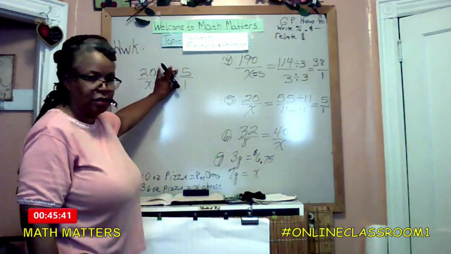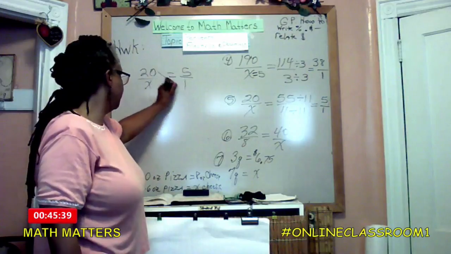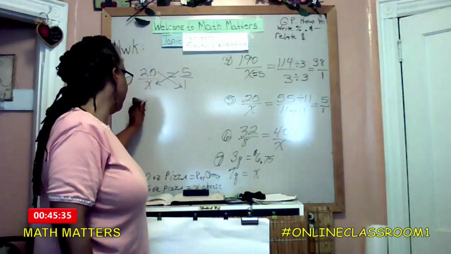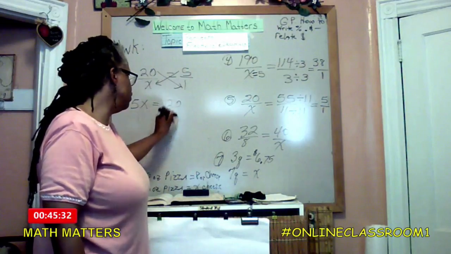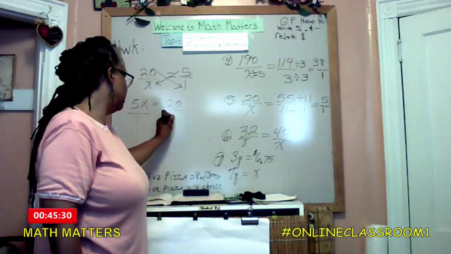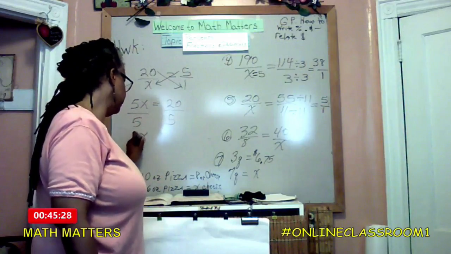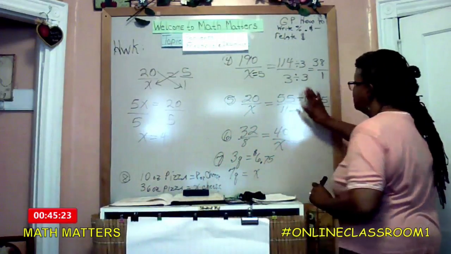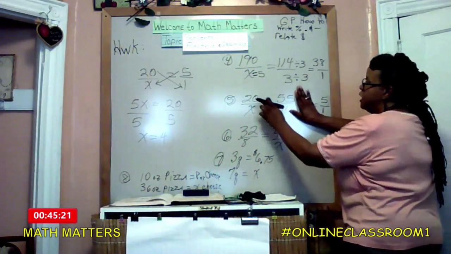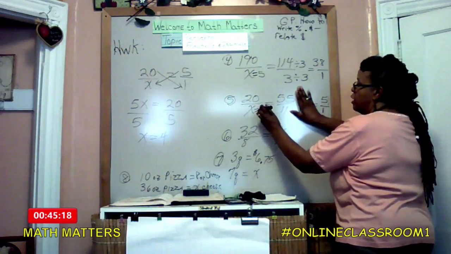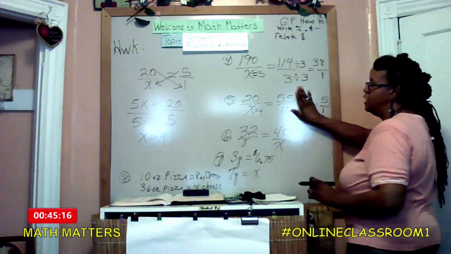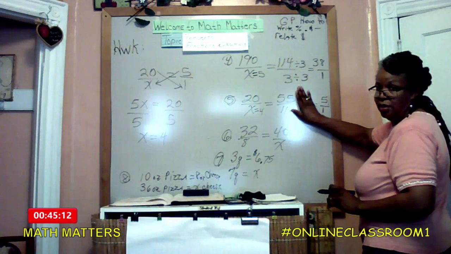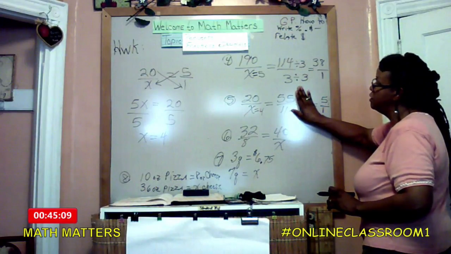But we're just using this to make things a little bit simpler. Cross multiply here, and I can see the answer right now. I get 5x is equal to 20. Do you see the answer? x is equal to 4. So we can come back to the original problem: 20 is to 4 as 55 is to 11. That's pretty nice stuff.